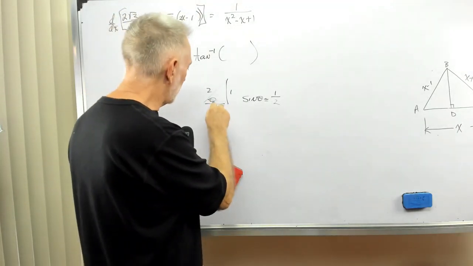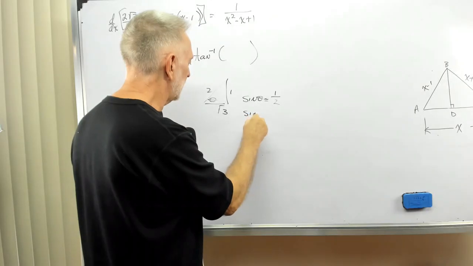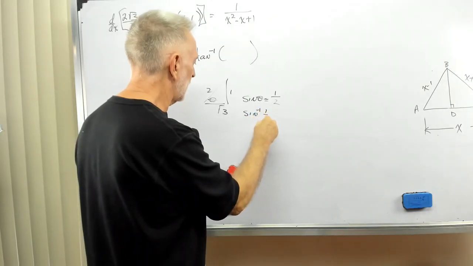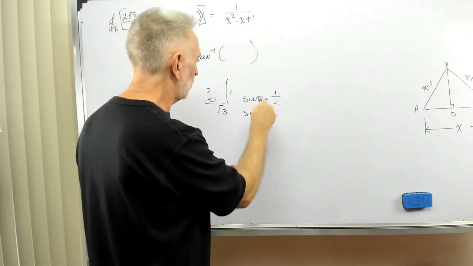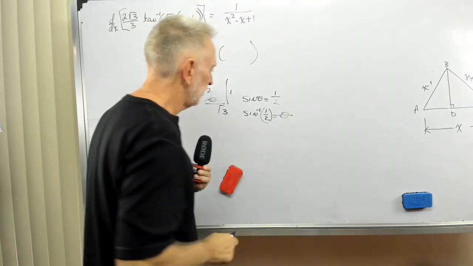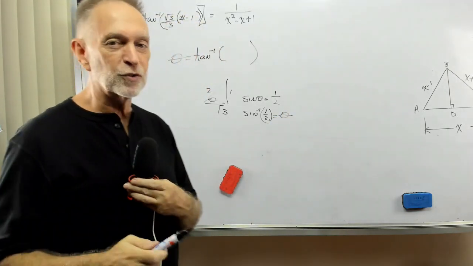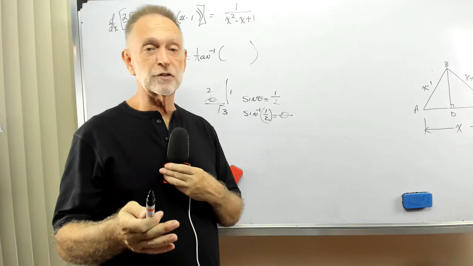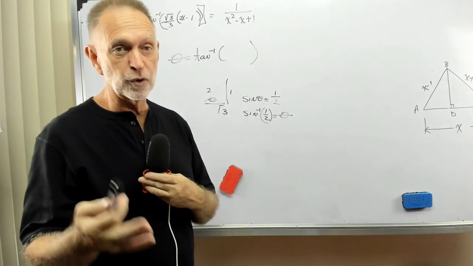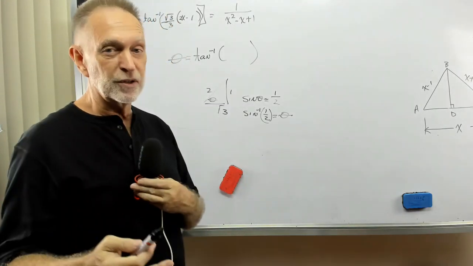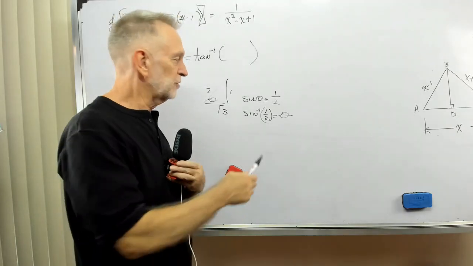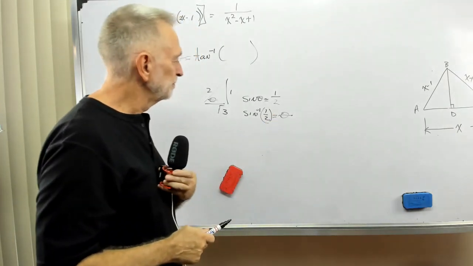If I want to know the angle, sine inverse of 1 half equals the angle, so you'll get pi over 6 in radians, or 30 degrees.